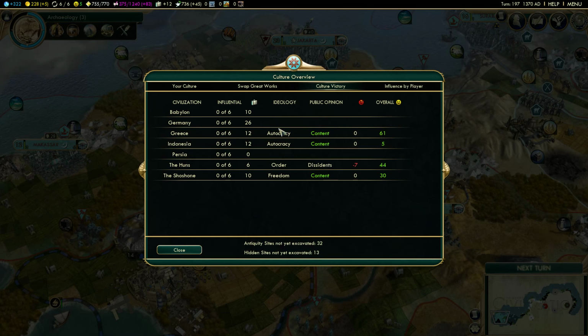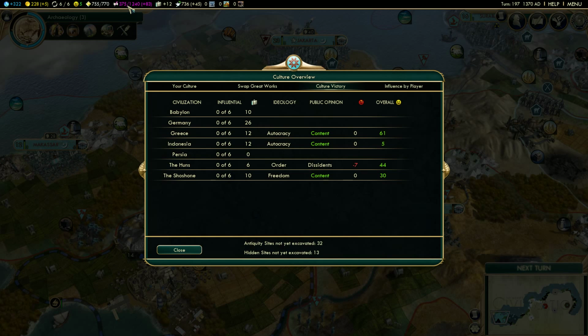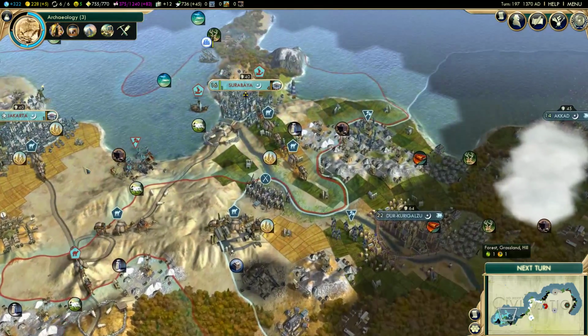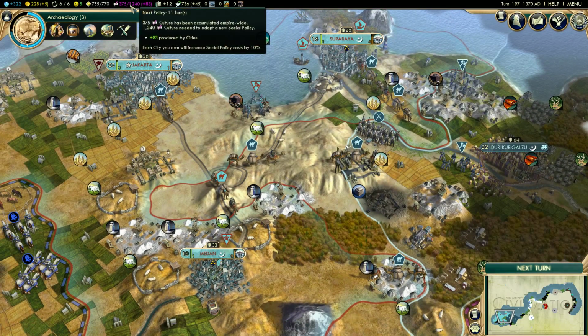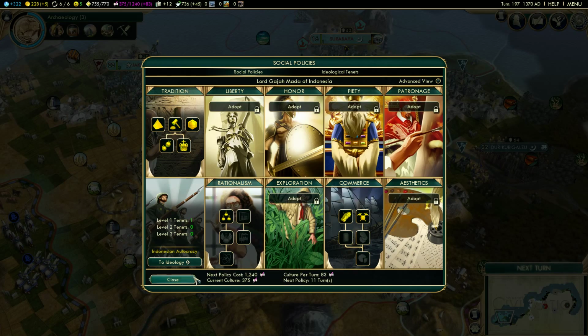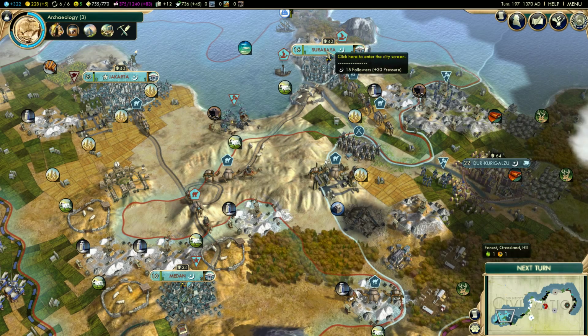Still, even if you follow a tourism leader, I would always recommend going for happiness policies, because they allow you to survive. Well, they do everything for you. They allow you to survive ideological pressure. They allow you to conquer when needed, because as you can imagine, conquering cities becomes quite painful.